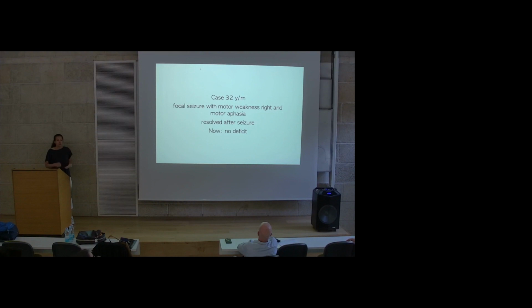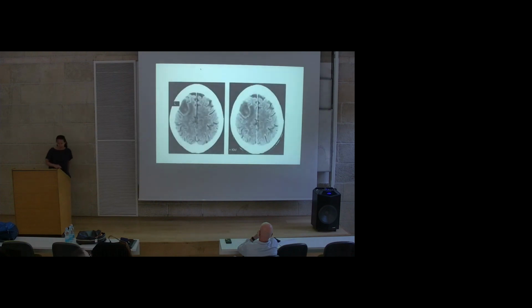So Yusuf told us we should be as practical as possible. So here's a little case of a young patient, 32 years, and he got a focal seizure, and he's a piano player. Then after the seizure with no further deficit, he got a CT scan, and this is quite an old case.